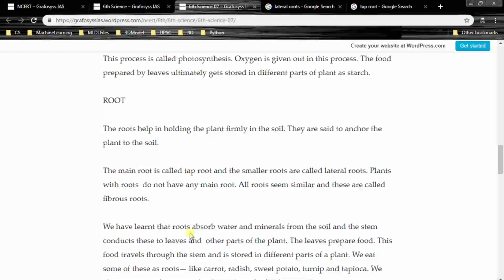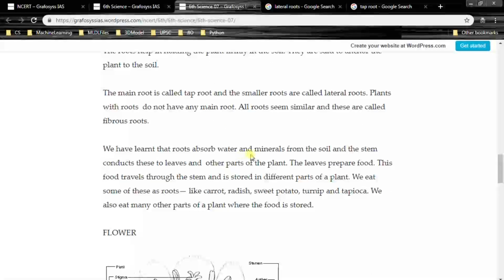We have learnt that roots absorb water and minerals from the soil, and the stem conducts these to leaves and other parts of the plant. The leaves prepare food. This food travels through the stem and is stored in different parts of a plant. We eat some of these as roots, like carrot, radish, sweet potato, turnip, and tapioca.